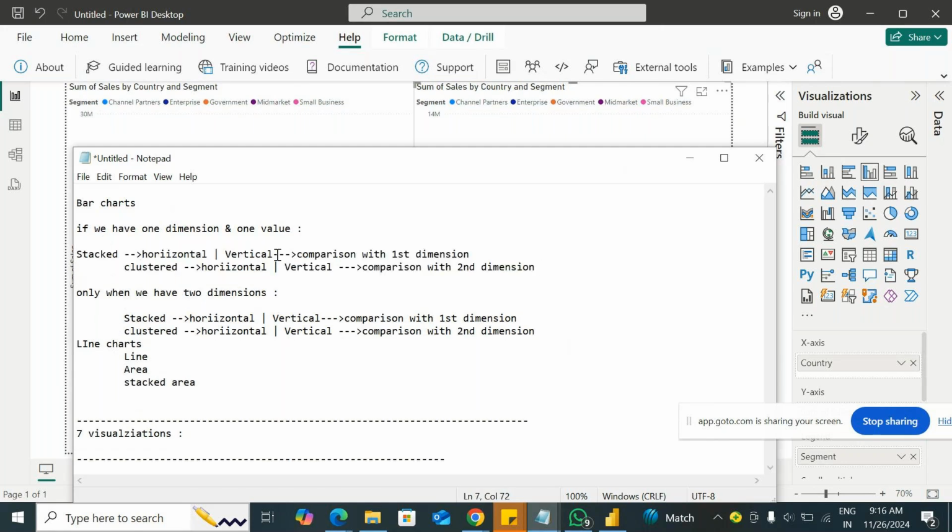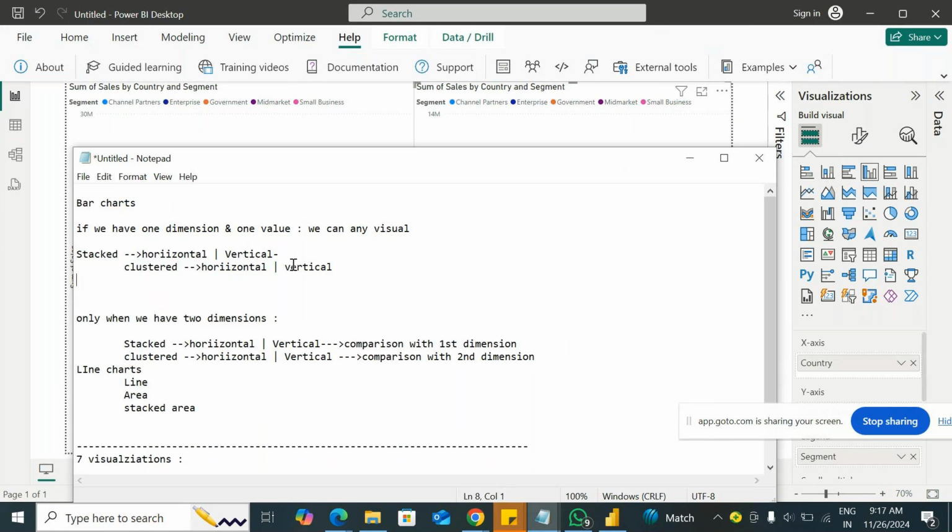There is no difference. When we have only one dimension, one value, we can use any visual. All look okay. You can use stacked horizontal or clustered horizontal, or a stacked vertical or a clustered vertical. You can use anything. But that I mentioned as my second point.